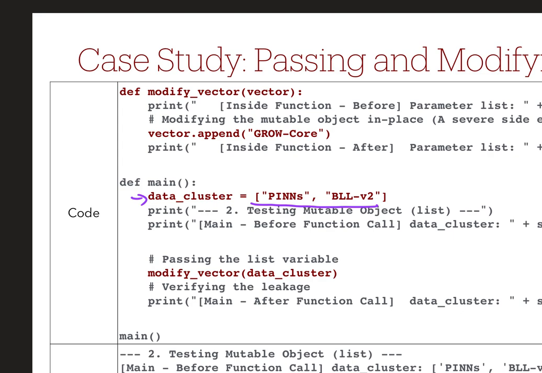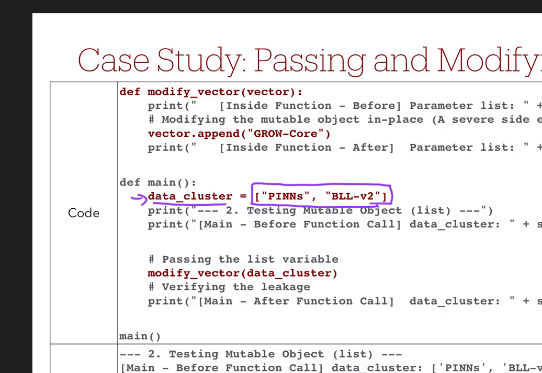So inside your memory, this list variable is created, okay? And that list variable has a name of data cluster. So this is the name, or in other words, this is the reference for the name of this variable.